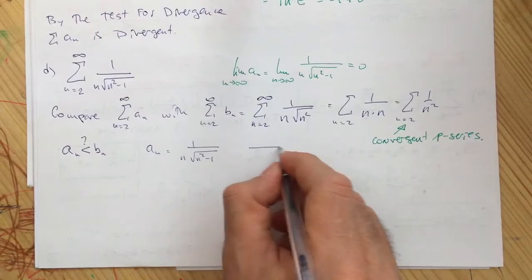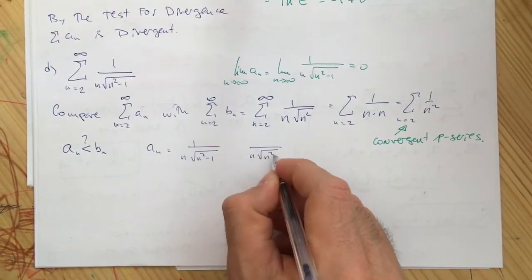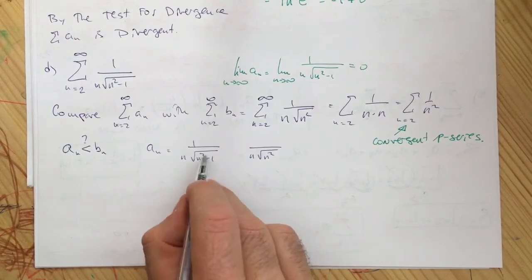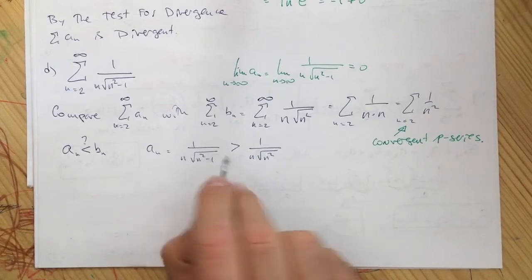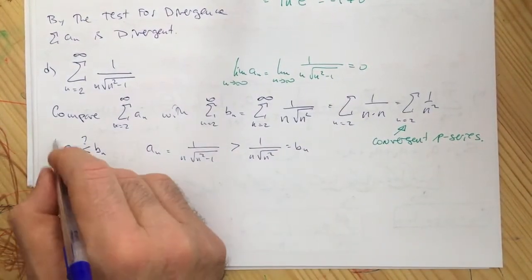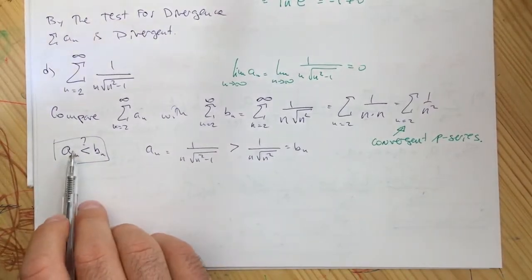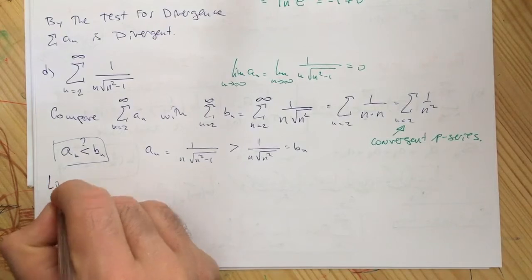This denominator is less than this denominator. Why? Because here I'm subtracting 1. If this denominator is less than this denominator, the reciprocal will flip the sign. Okay, so as you can see, the comparison test doesn't work. I don't have the needed inequality. Okay, then we move on to the limit comparison test.